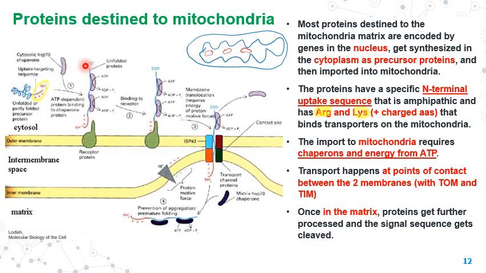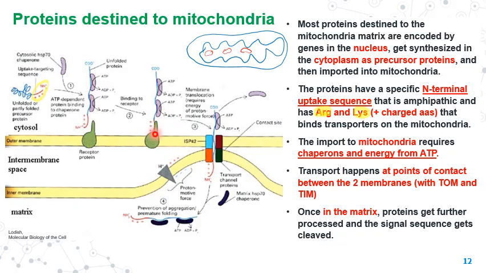Okay? So once you stretch it out, you are going to allow the interaction of your zip code with a recognition protein that is at the outer membrane of your mitochondrion. Okay? And it's obvious that it's at the outer membrane because this is the part that is in touch with the cytosol. Right?